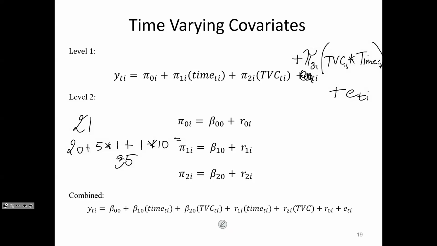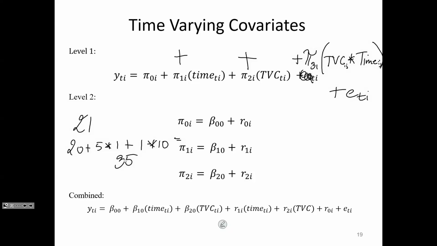How we interpret this is going to depend in large part on the other parameters. Are my other slopes positive? Are they negative? Let's start with the slope being positive and this slope being positive. You've got to think about what all this means now.